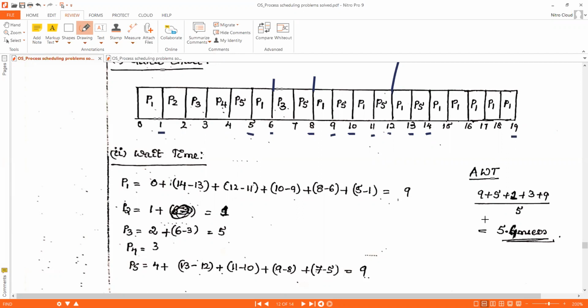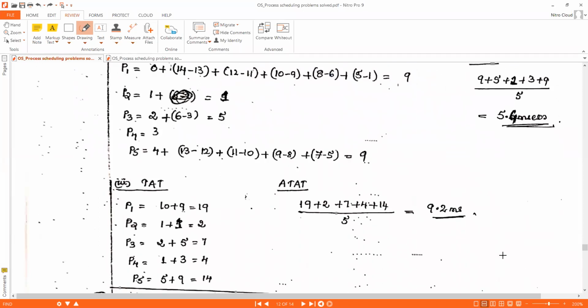Process 1's waiting time is 9, plus process 2's waiting time is 1, plus process 3's waiting time is 5, plus process 4's waiting time is 3, plus process 5's waiting time is 9, divided by the total number of processes, 5. So we'll get 5.4 milliseconds as the average waiting time.